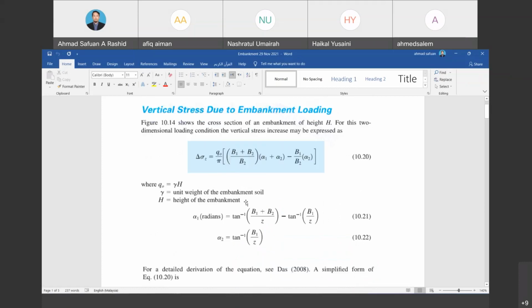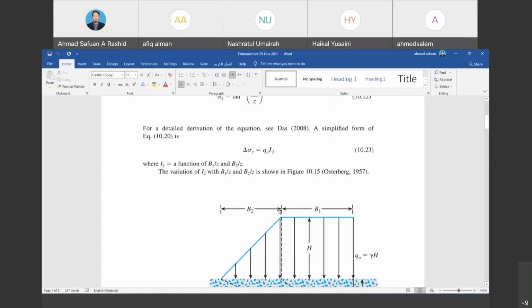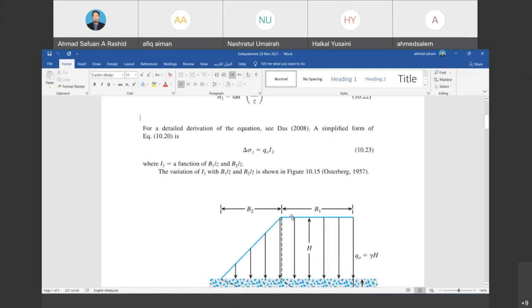By using this formula, we have B1, the width of the flat area or flat structure. Then we have B2, the width of the slope area. This is the common typical type of embankment.